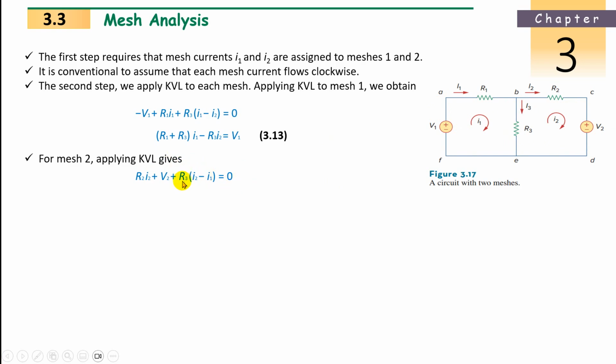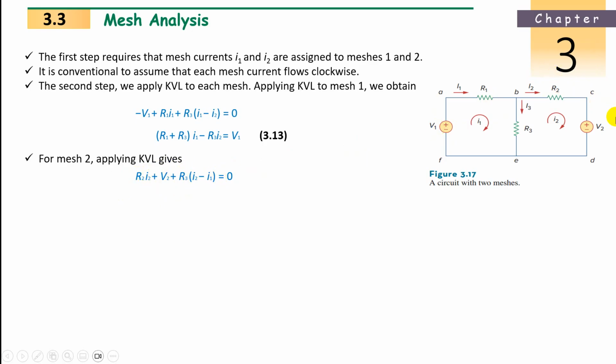Check with our direction: I2 is our direction, so the starting point of the resistance is higher potential and the other is lower potential, so I2 has the maximum value and I1 opposes it. So I2 minus I1 times R3, same for R2, plus R2 I2, because our direction is there. So this is your equation.